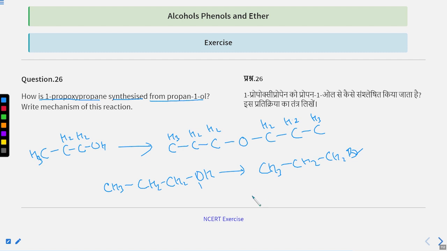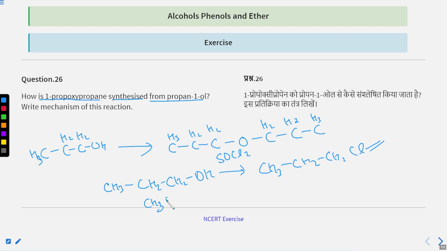What can be done here? You can simply use SOCl2. Treat it with SOCl2 and that would result in chloride. You can use chloride also as the alkyl halide, and one of the moles is treated with base.